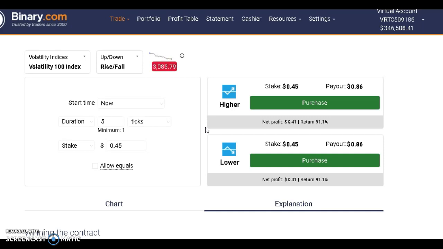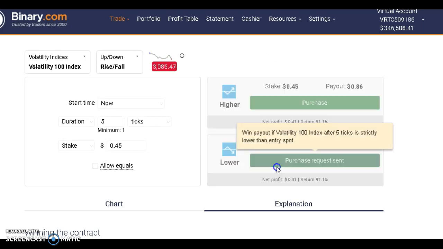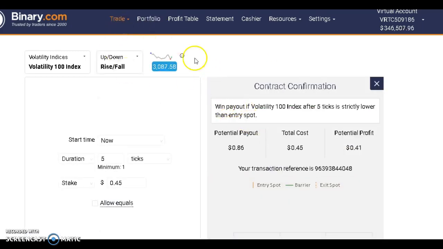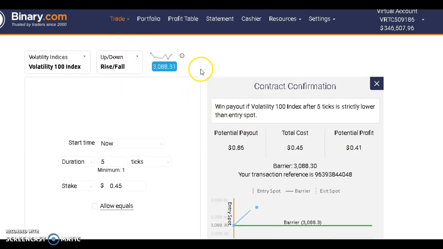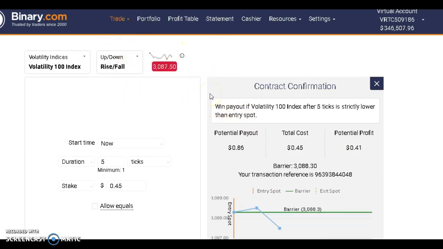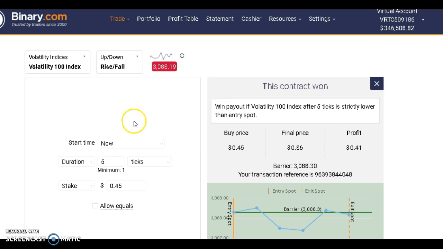Let's see how we go with the second one. Oh yeah. So if I make a win with my second stake, then I go back to the initial one, which is 0.35.